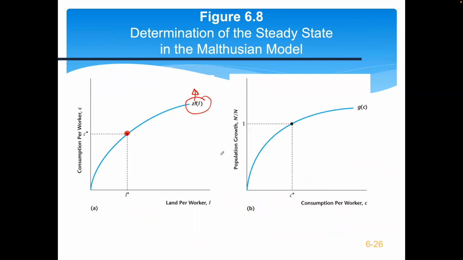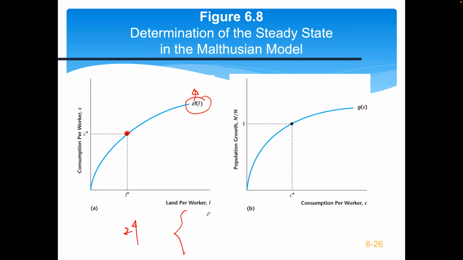Let's go back to the previous one. Okay. So yes, you can have a Z increase. You can have higher C, but then this higher C leads to, so let me write, so Z increase.